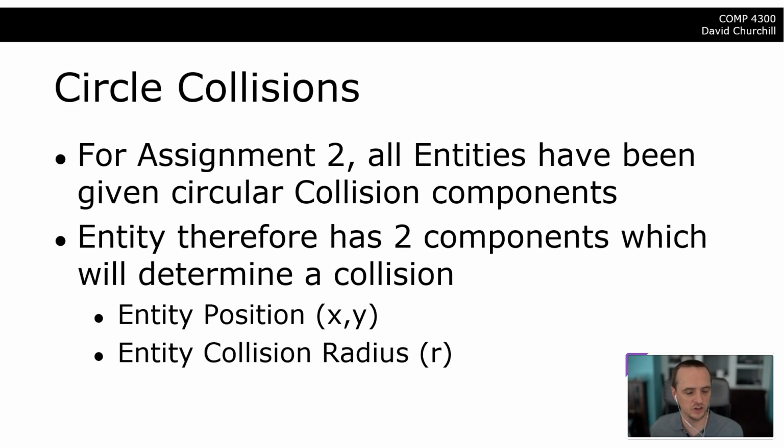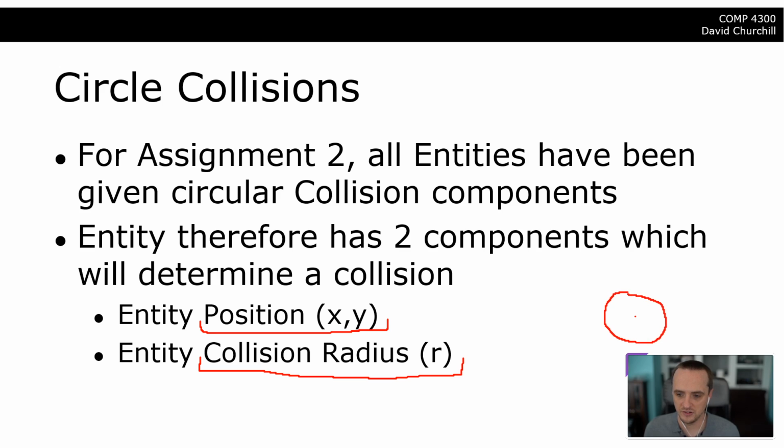So whether or not a collision has occurred between, say, a bullet and an entity, or the player and an enemy, will be determined by 2 things: the position of the entity and the collision radius of the entity. Because say for example we have the player and it's a circle, this radius is going to determine whether or not it's colliding with another entity.